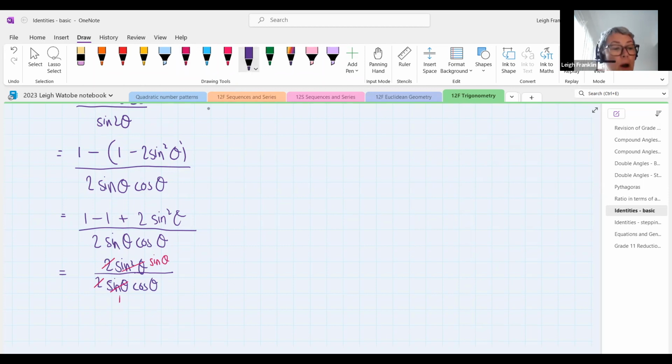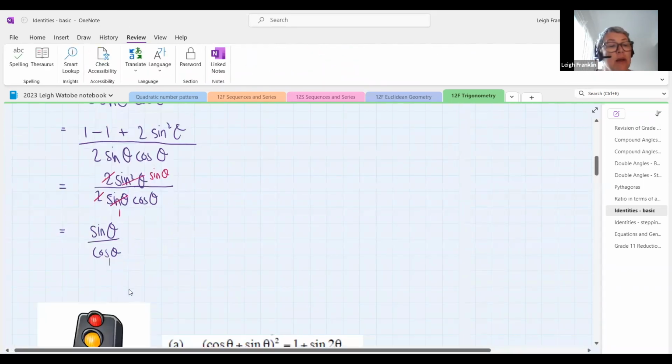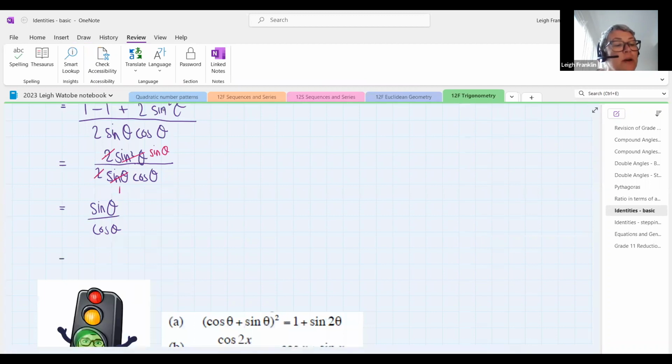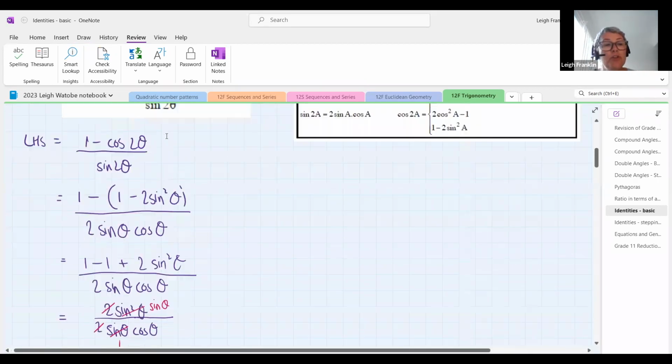And there we go, our answer is starting to emerge. We've got sine theta over cos theta, and we know from our tan identity that sine theta over cos theta is equal to tan theta, like so.